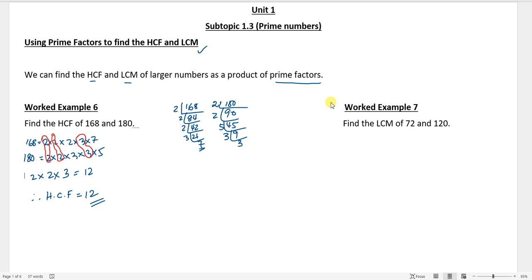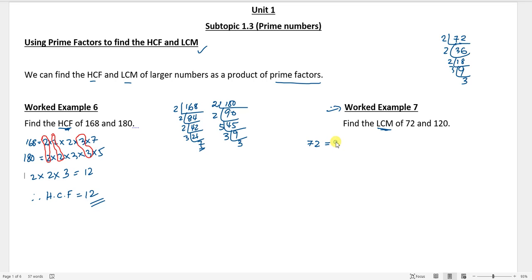Okay, now let's start with example 7. We have found the HCF using prime factors. Now we are going to find the LCM using prime factors. So we have 72 is equal to 72 divided by 2, we get 36, divided by 2, we get 18, divided by 2 again, we get 9, divided by 3, we get 3.